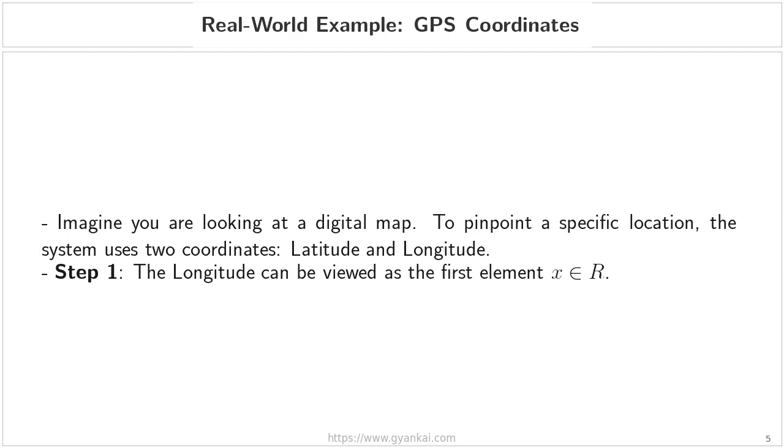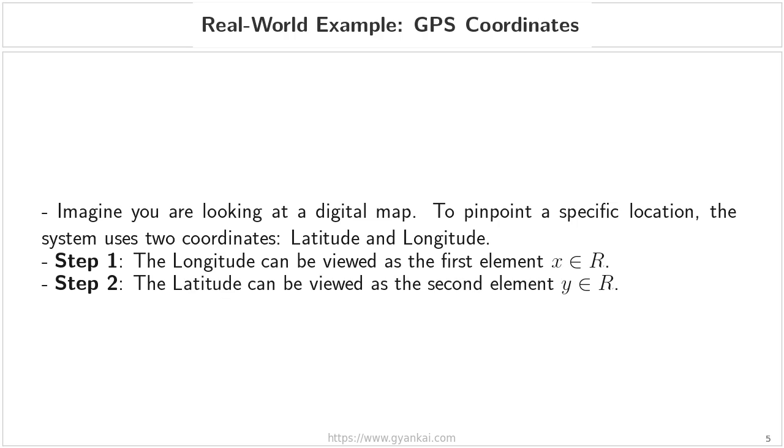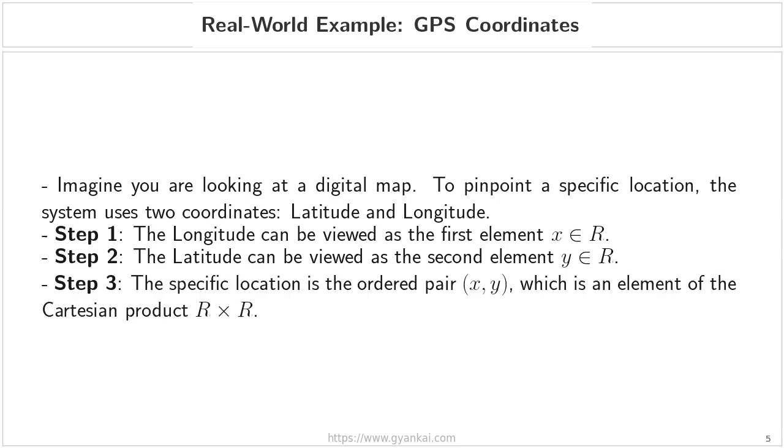First, we can view the longitude as our first element, which we can call x, and since longitude can be any value along a continuous line, it is an element of the set of all real numbers, written as x ∈ R. Second, we take the latitude and treat it as our second element, or our y, which is also an element of the set of all real numbers, written as y ∈ R. Finally, when we combine these two specific values, the exact location is represented as an ordered pair (x, y).